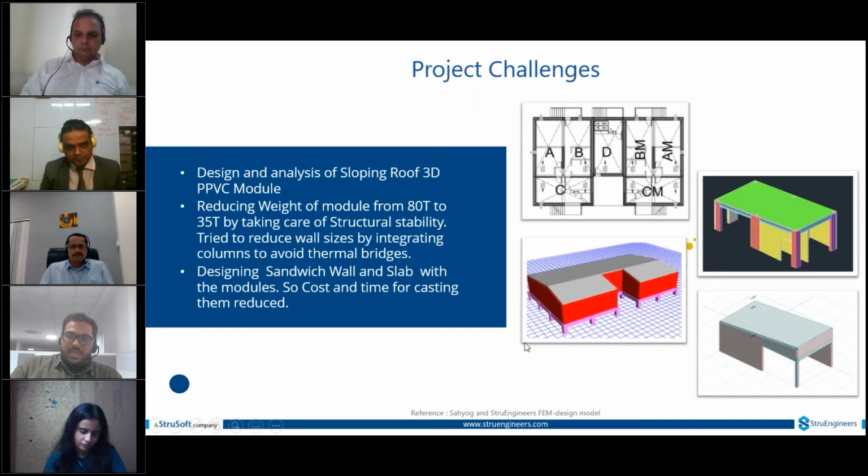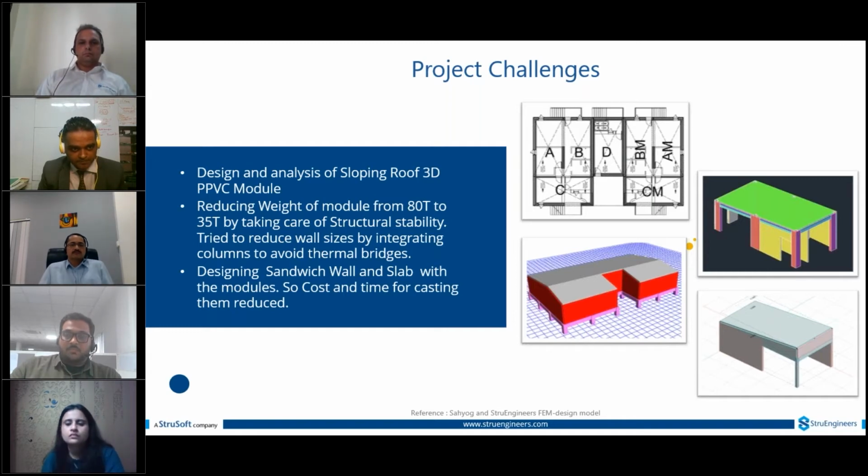For that, we had a challenge to make sandwich walls for the extreme cold climate, and with that we had to module the sloping roof. After finalizing the design, we got the module weight as 80 tons, and we had to make it less, 35 tons. So for that, we found a solution.